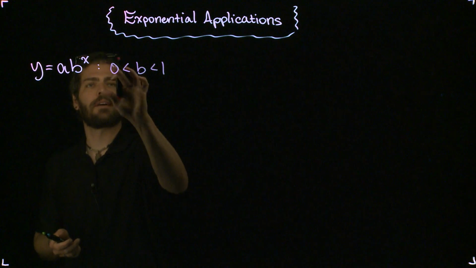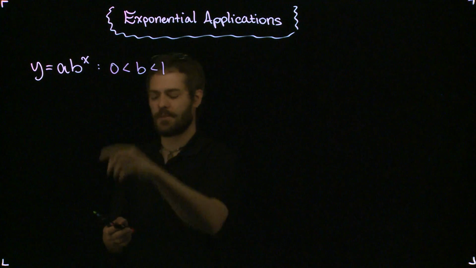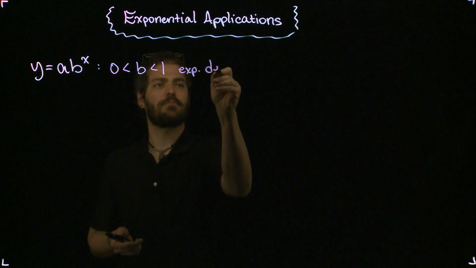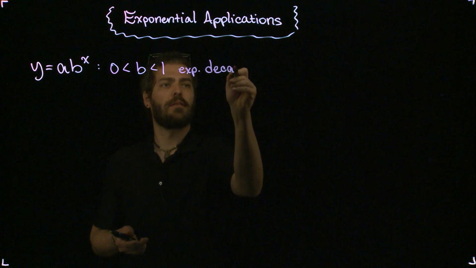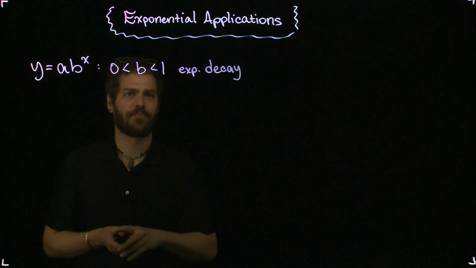If you have anything like this, then certainly for all these values of b, you're exhibiting exponential decay as x is increasing.